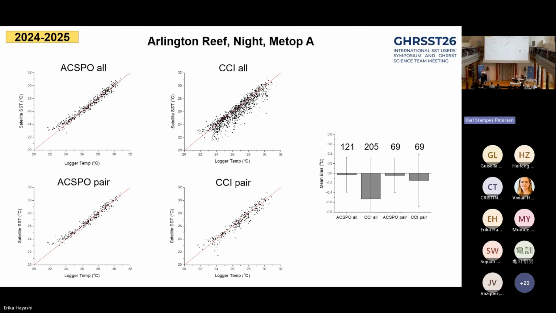In these slides, the top 2 graphs show you all of the data that we could collect for this particular site through the period that we're looking at. On the left-hand side is AXPO, on the right-hand side is CCI. CCI clearly has quite a bit of cloud in that. Pretty certain we used the right quality flags.